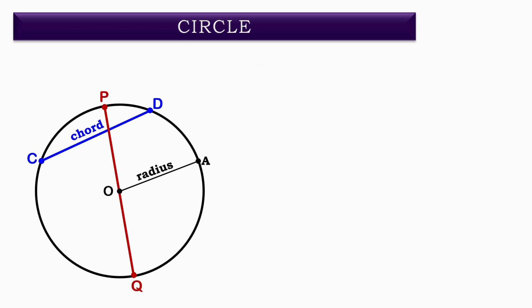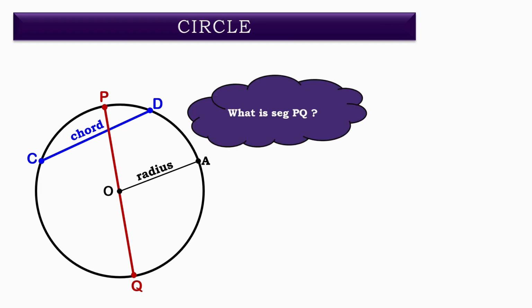Now look here. We have considered two points P and Q and we joined them. But here there is something extra. When we join P and Q, it also passes through the center O, right? So this is also a chord, but this is a special type of chord.